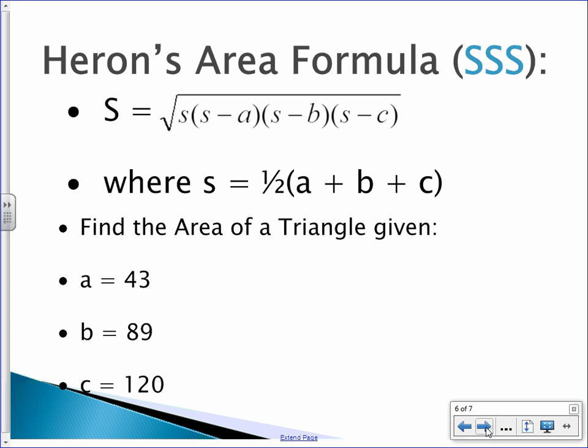Okay, so if you know 3 sides of a triangle, we can find the area. We don't have to worry about 1/2 base times height, okay? So the first thing we would need to do is find S. S is 1/2 times the sum of all 3 of your sides. Okay, so these numbers are kind of big.